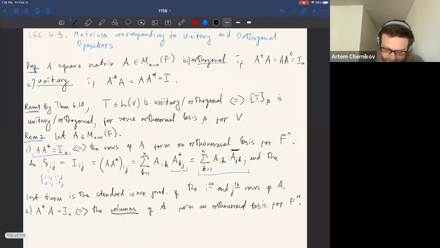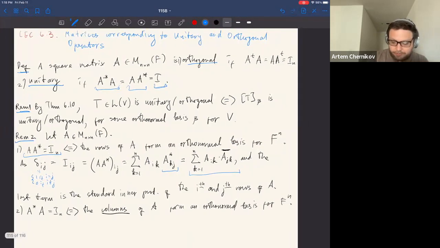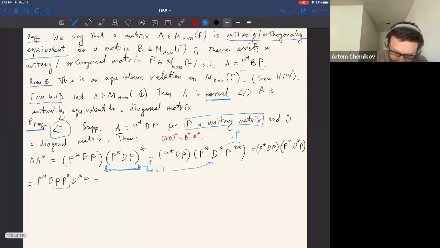Let me go back for a second if you want to see the definition. Unitary means that the product in one order is the same as the product in the other order, the same as the identity, right? So this is just the identity matrix. So we have P star times D times I times D star times P, as P is unitary.